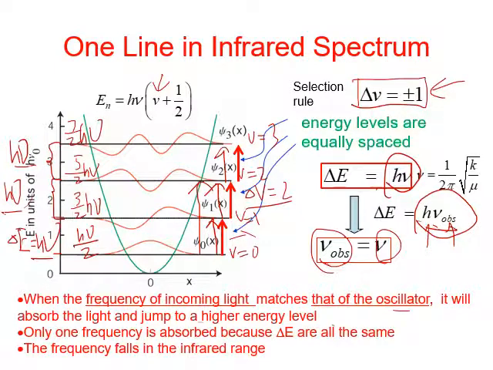So they all absorb the frequency equal to the natural frequency, and therefore only one frequency is absorbed in this vibration under the harmonic oscillator model. And the frequency falls in the infrared range. We'll see this in the examples in the future.